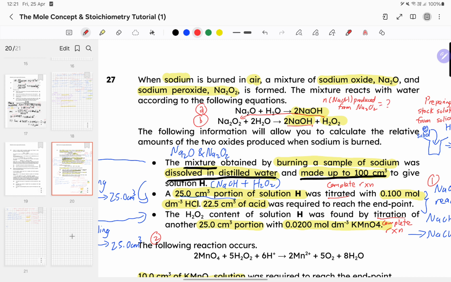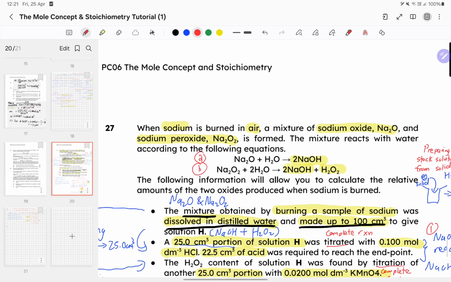Okay, and once you find out that, then you can take the total number of moles of NaOH minus this to find out the number of moles of NaOH produced from Na2O. Okay, so I'll just erase this and then I'll just show you clearly what I mean by this. Okay, so I'll just bring this entire working down.